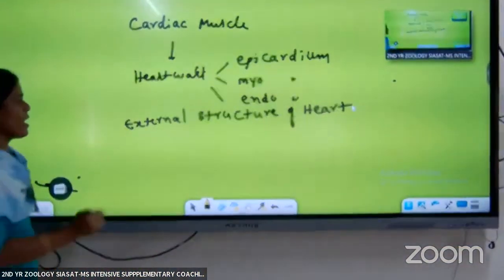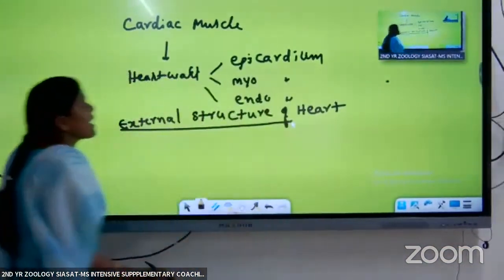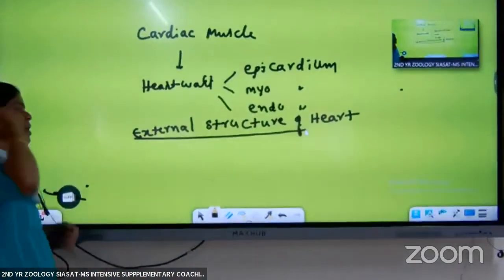The external structure of the heart: what is visible externally is only the four chambers.